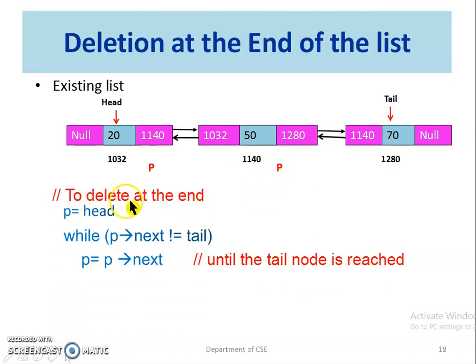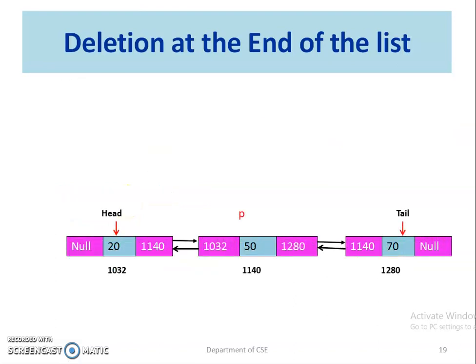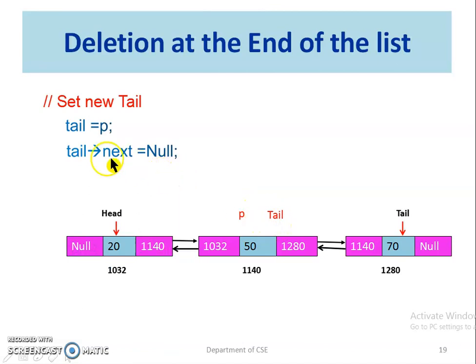Once p has reached the node before the tail, then set p as new tail. Then set the next pointer of tail to null, as there is no other node succeeding the tail.